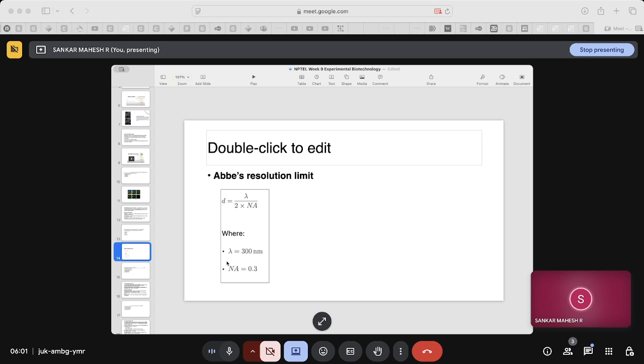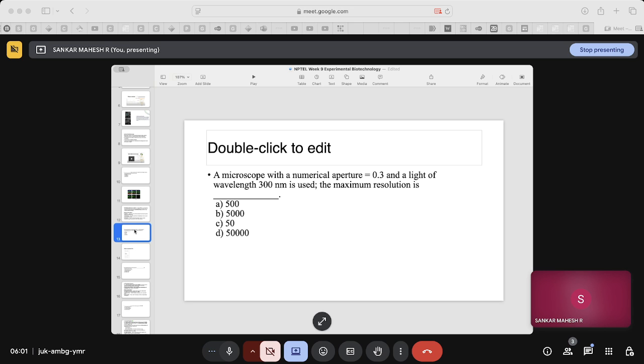So when lambda is 300 nanometers and numerical aperture is 0.3, 300 divided by 0.3 times 2 will be 500. So the maximum resolution is 500 nanometers.